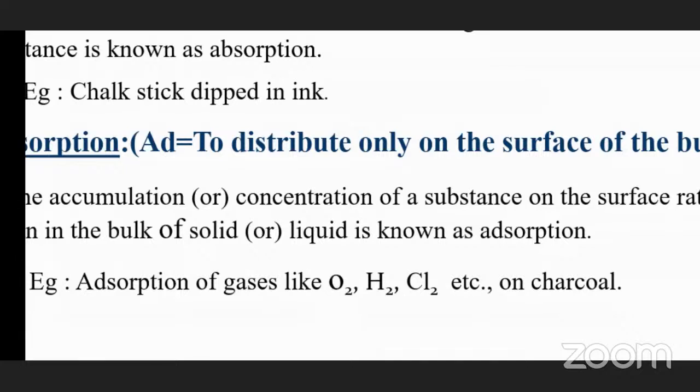That means the gases occupy only the surface area of the charcoal. Once again, the gases occupy or concentrate on the surface area of the charcoal. Okay, students, surface area of the charcoal.